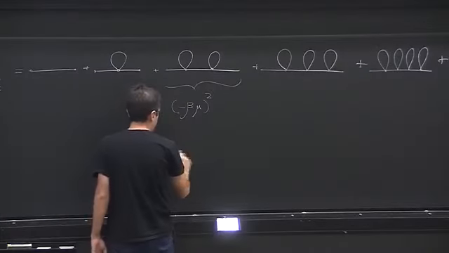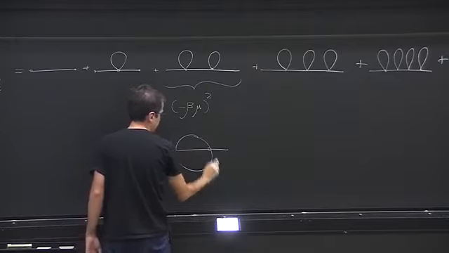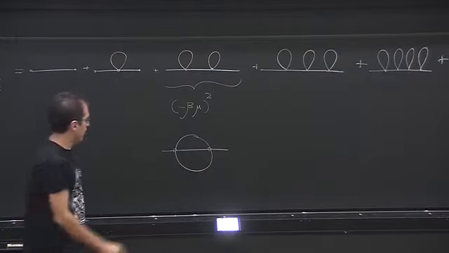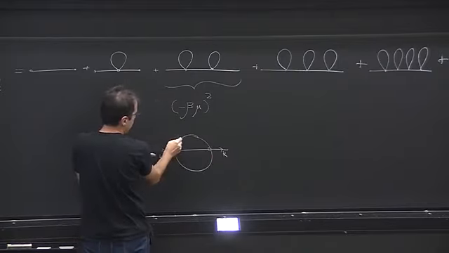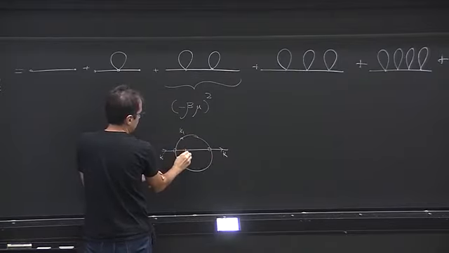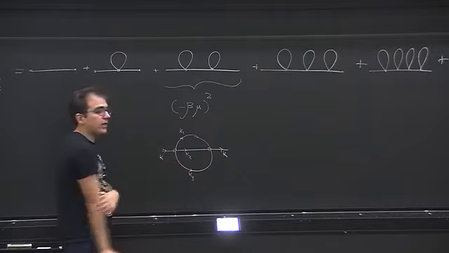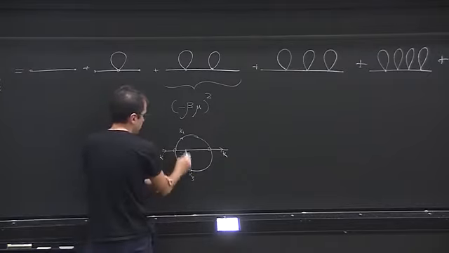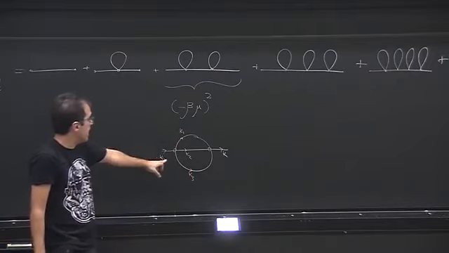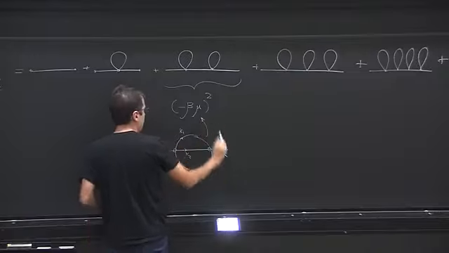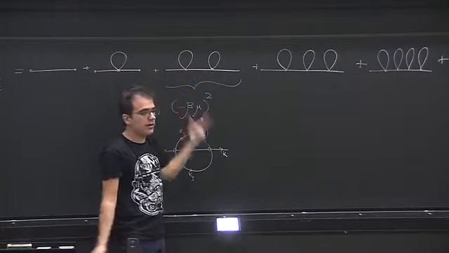But there are other graphs of order mu squared, like, for example, this one, where I inject momentum k, I get momentum k, and that momentum gets split into k1, k2, k3, where these k's add up to k. Momentum is conserved. So this graph is also of the same order, and it's way harder than this, because this is just a number, and this is the number squared.